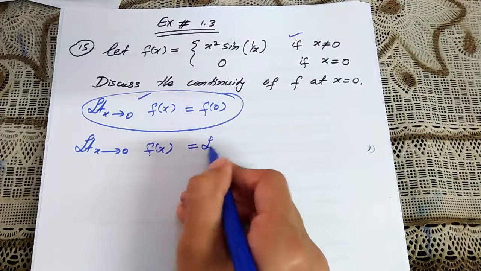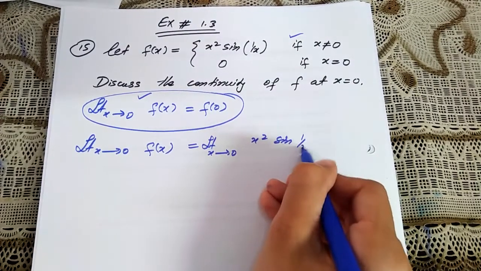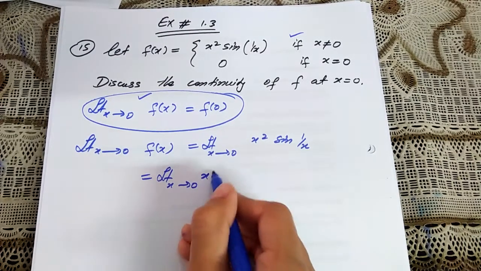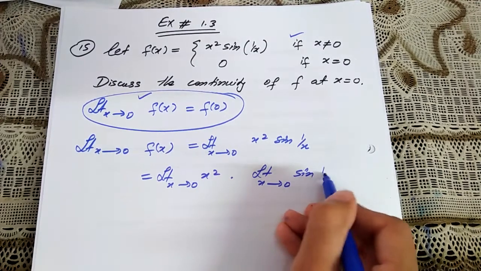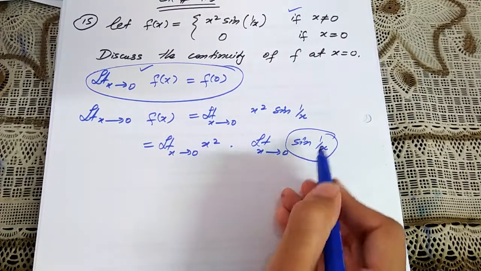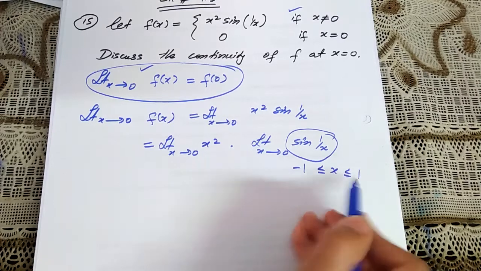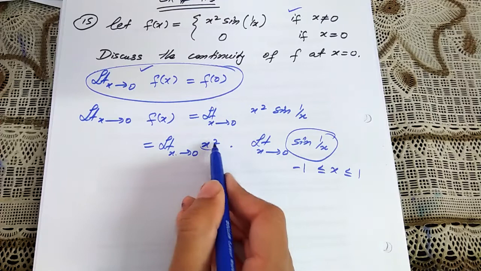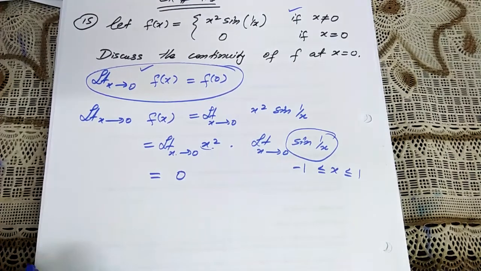So this is equal to the limit as x approaches 0 of x square sine 1 over x. We can write it as the limit of x square times the limit of sine of 1 over x. We know that the sine function is a bounded function and its value will always be between minus 1 and 1. So if we put the limit 0 here, this 0 multiplied by this bounded answer will give us 0.